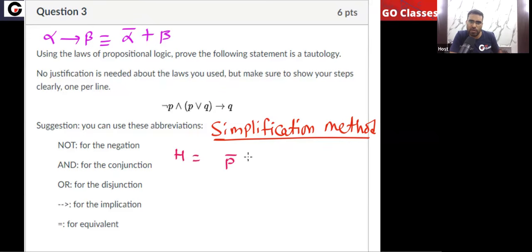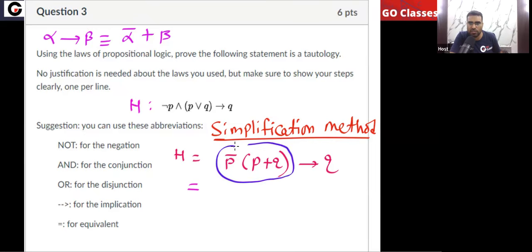H is p bar and p or q implies q. This is our equation h. First let's solve this. What you can do here is apply the distributive property.